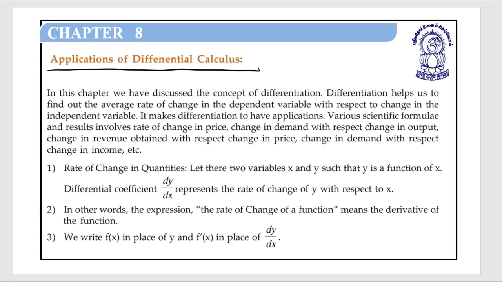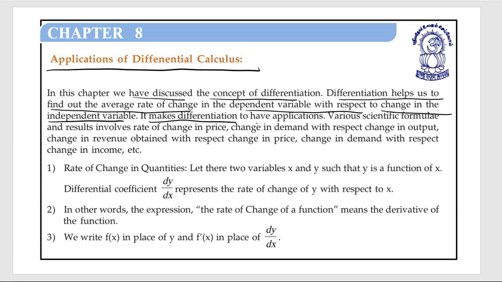Applications of differential calculus. In this chapter, we have discussed the concept of differentiation. Differentiation helps us to find out the average rate of change in the dependent variable with respect to change in the independent variable.